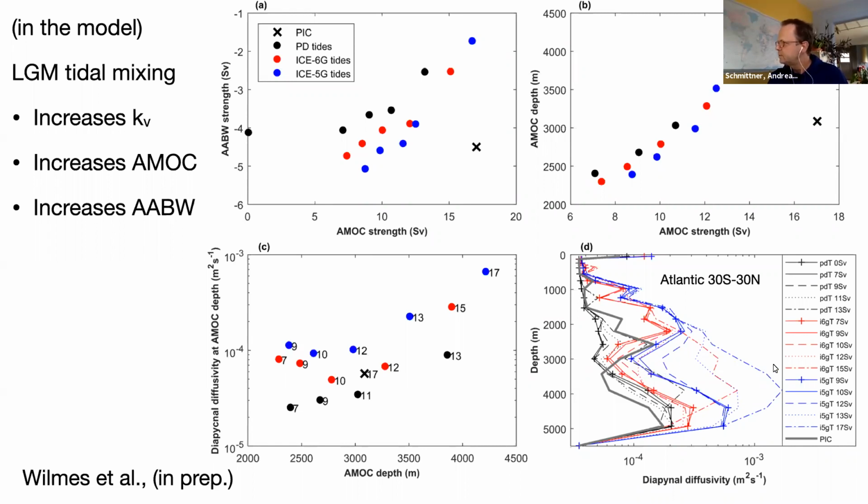And that is mostly important for the cases with strong and deep overturning. For example, this dash-dotted blue line has a very strong and deep overturning that is probably unrealistic for the LGM, as we'll see in a moment. In this case, the diffusivities are much larger than in the shallower and weaker overturning cases, for example, the solid lines.